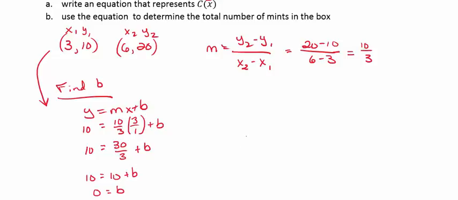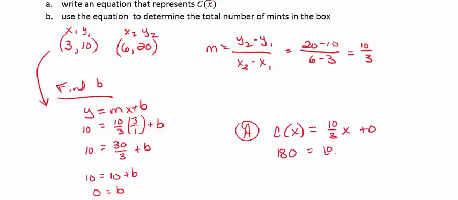So your equation for part A, C of x equals 10 thirds x plus 0. And then it says use the equation to determine the total number of mints in the box. Well, we know that there are 180 calories in there, so at this point, if there's 180 calories, we have 10/3 x.